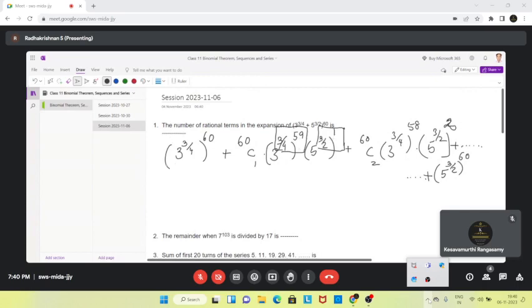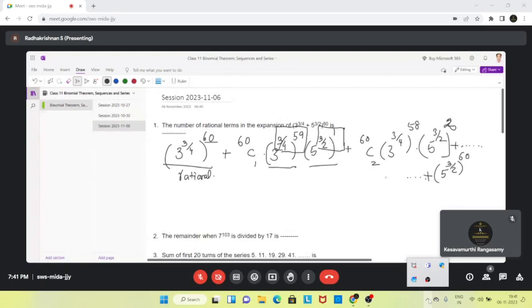Let's take the first one. 3 to the power of 3 by 4 whole to the power of 60 is 3 to the power of 45, so it is a rational number. After that, this is irrational, this is also irrational, so the net is going to be irrational.